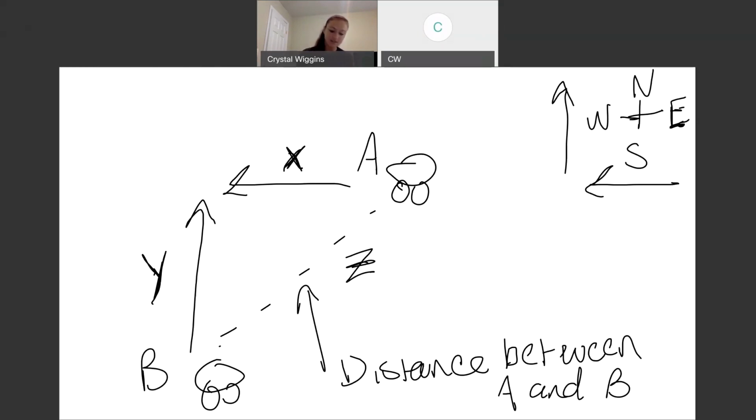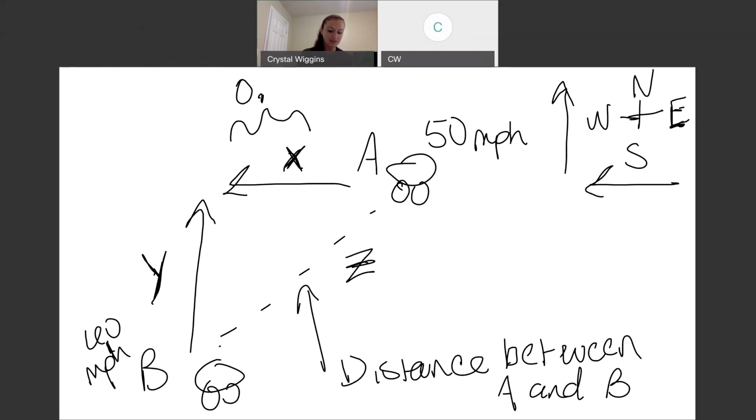So car A was said to be moving 50 miles per hour, while car B is moving 60 miles per hour. So car B is moving faster than car A. And we want to know at what rate they are approaching each other when car A is 0.3 miles away from the intersection, and car B is 0.4 miles away.